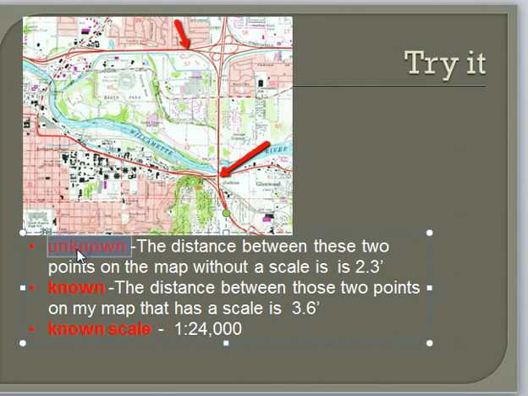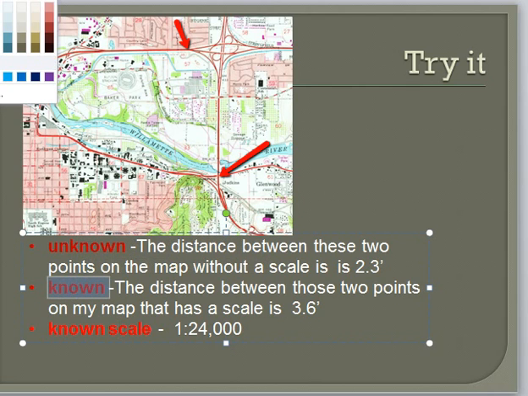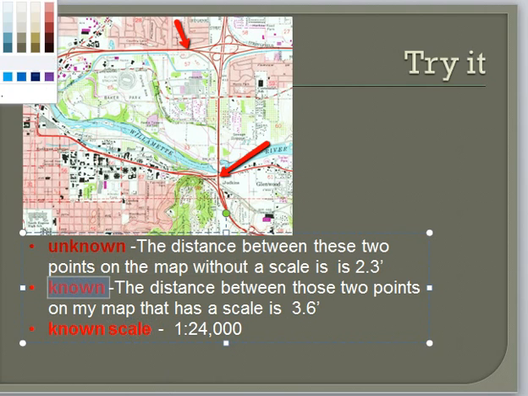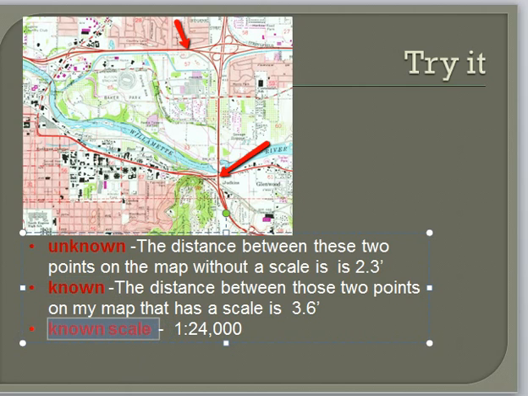Ooh, that's really hard to read. Let's tone that down. That's a little better. Okay, so here's the scenario. Somebody has sent me a map, and that's your homework assignment.